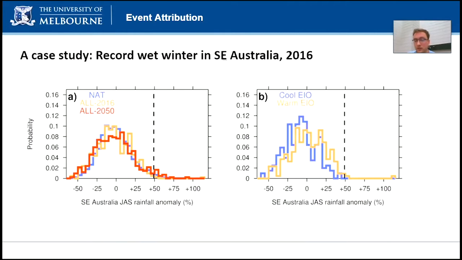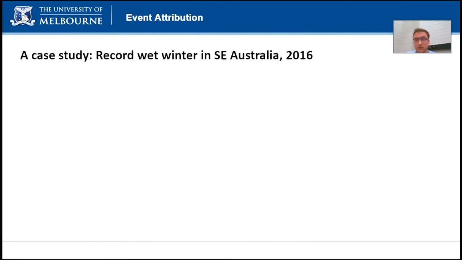So the orange curve is to the right of the blue curve, meaning that you're more likely to get more precipitation when we have warm East Indian Ocean conditions. And that carries through to the tail of the distribution as well.